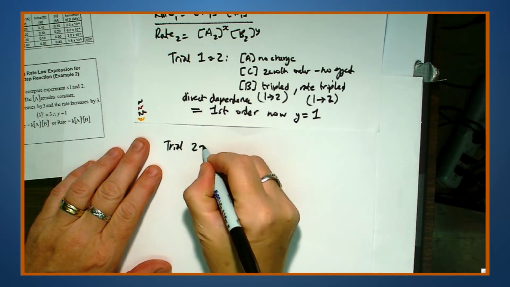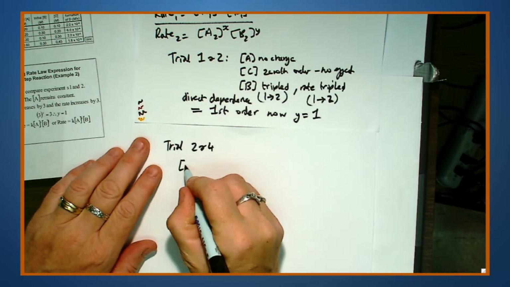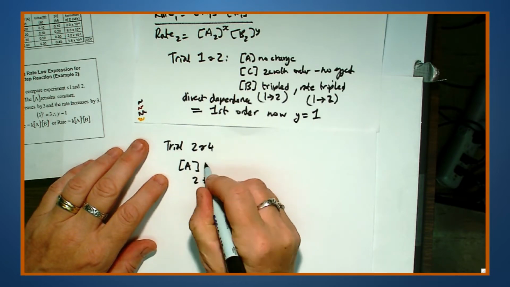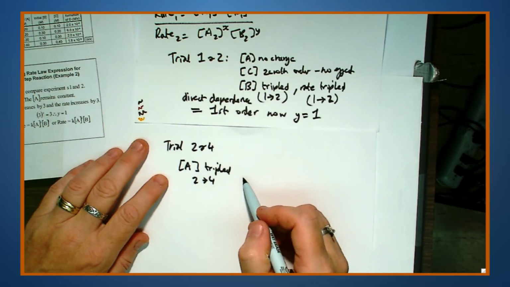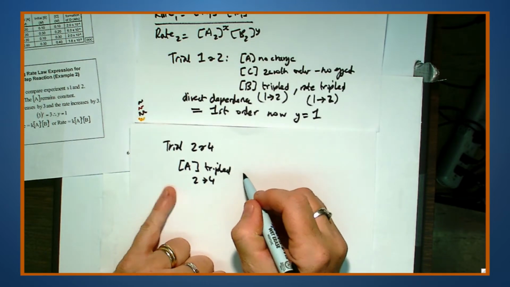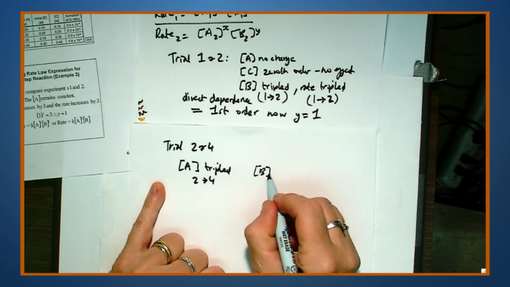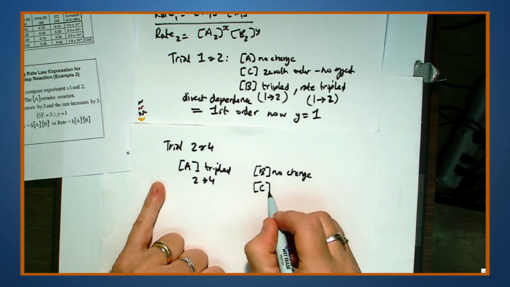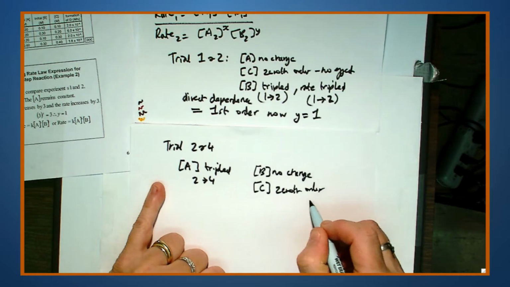So trials 2 and 4, okay? We can say A going from 2 to 4 tripled. It went from 0.2 to 0.6 if you go back and look at the data. We can say that B has no change, and C, 0th order, so no effect.